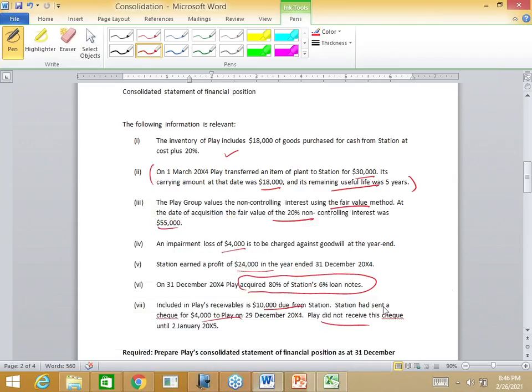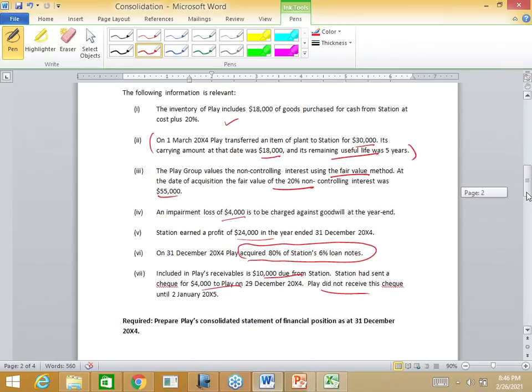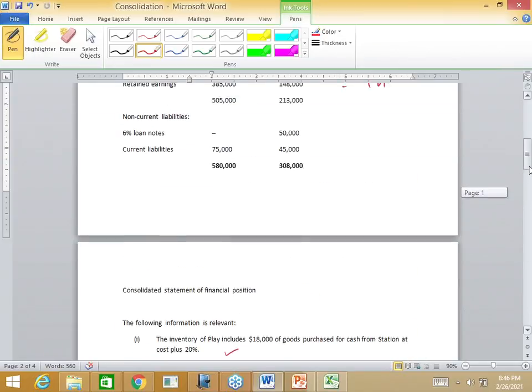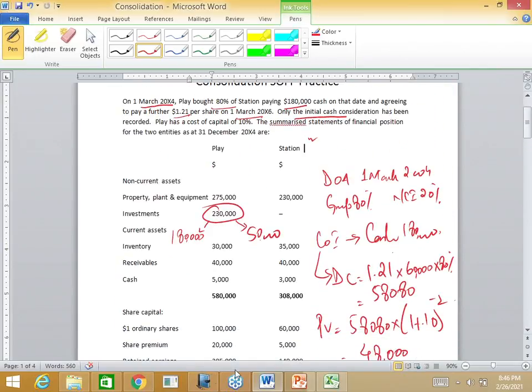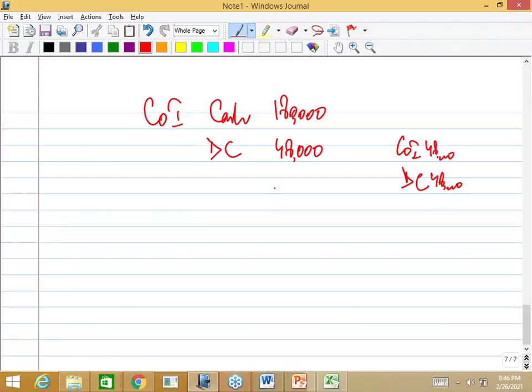As the reporting date is 31st December, you need to take the unwinding of discount for this deferred consideration, but the accounting entry will be time-apportioned. So the entry will be retained earnings debit, deferred consideration credit for the unwinding of discount, which is 48,000 into 10%, into 10 upon 12.